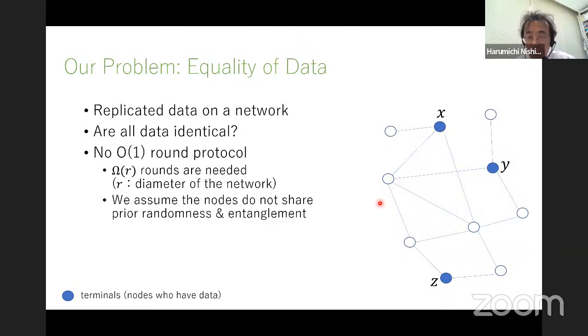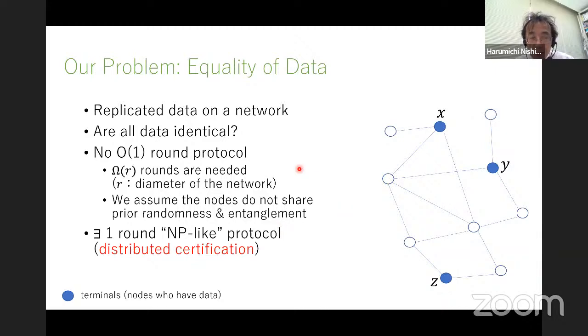So to reach both data at some intermediate node, we need almost diameter rounds to compute. So this trivial lower bound exists. In this talk, we don't assume any private or shared randomness or entanglement. But this problem has a very simple NP-like protocol, distributed certification.